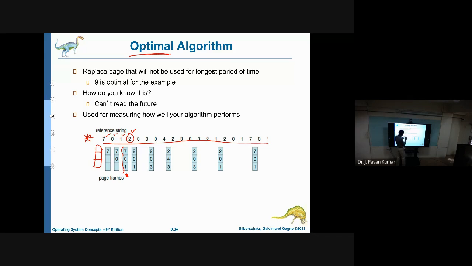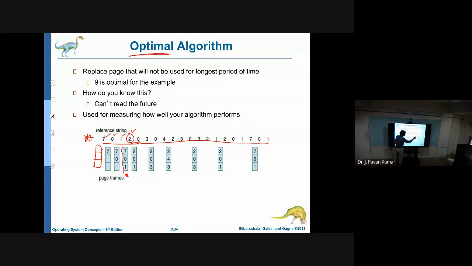We will be referring to 0 immediately, right? Try to understand. Starting from here, we go in the forward direction. So 0 will be referred in the near future. Next 3, then 0, then 4, then 2, then 3, then 0.